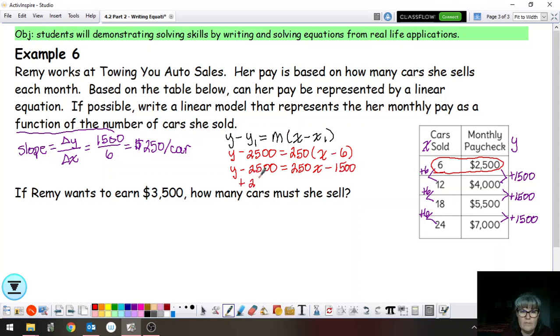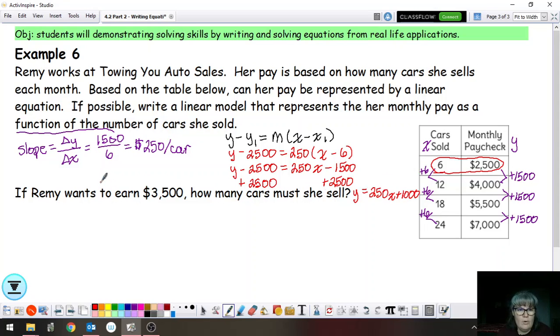Add the 2,500. And we have the equation y equals 250x plus 1,000. So she gets paid $1,000 every month plus an additional $250 for every car she sells.